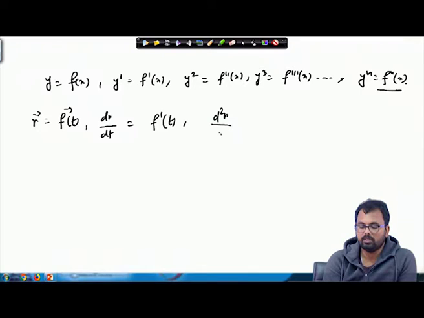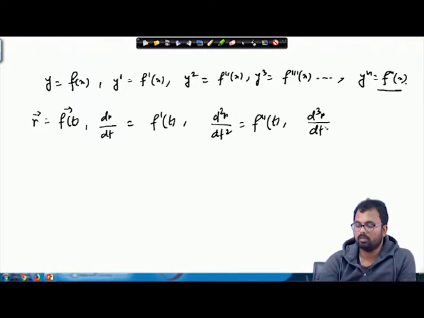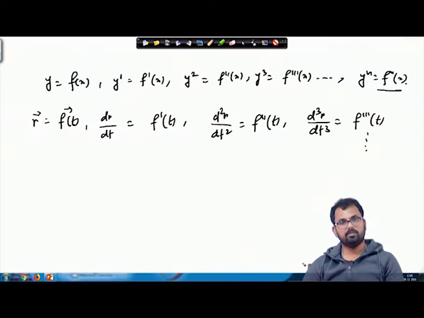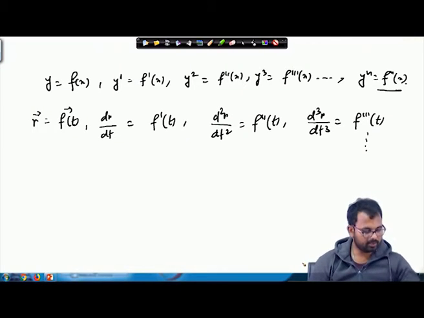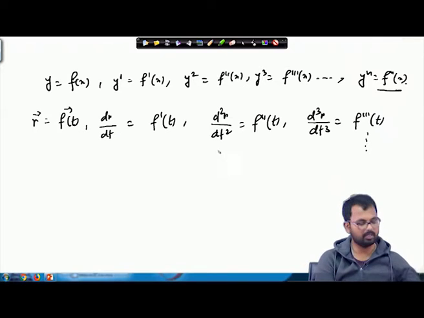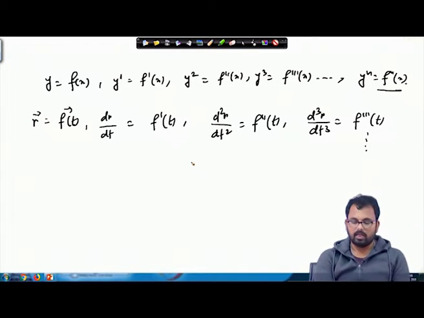Similarly, d square r by dt square equals f double dash t, and d3 r by dt3 equals f triple dash t, and so on. So, you can do successive derivatives for vector functions as well. You can differentiate a vector function as many times as you want if it is differentiable that many times. This is basically called successive derivative.